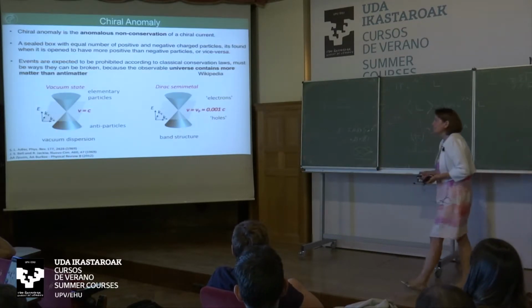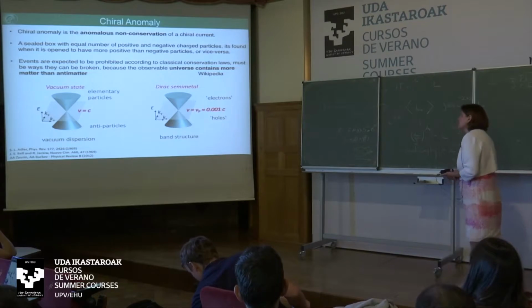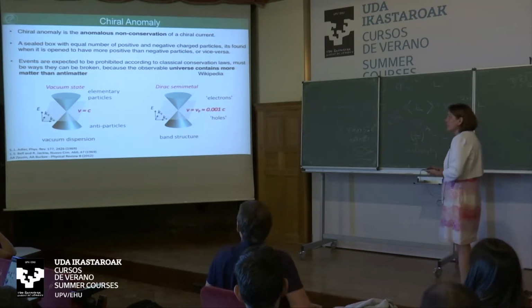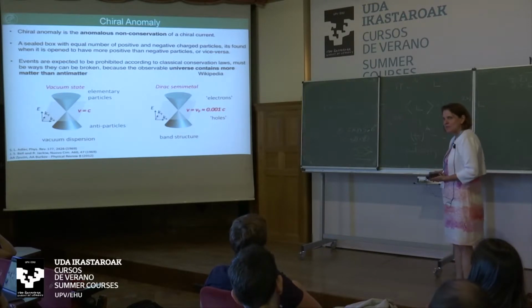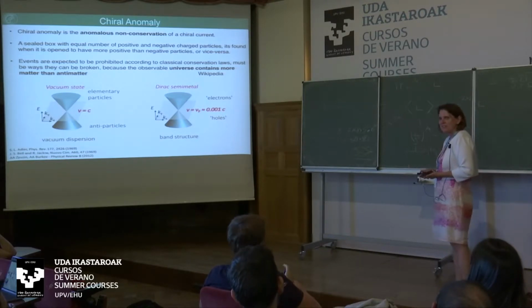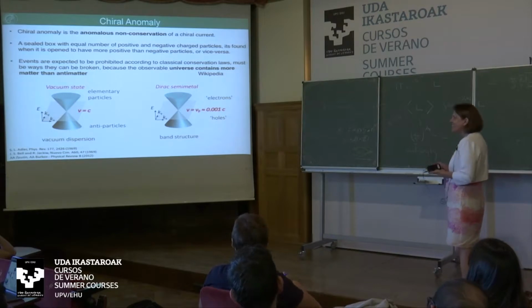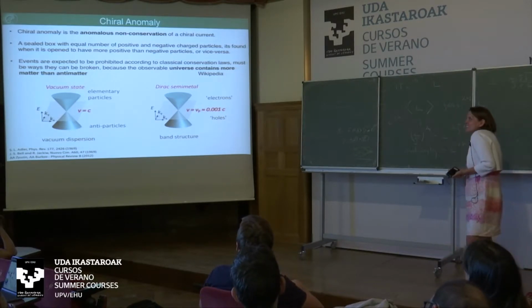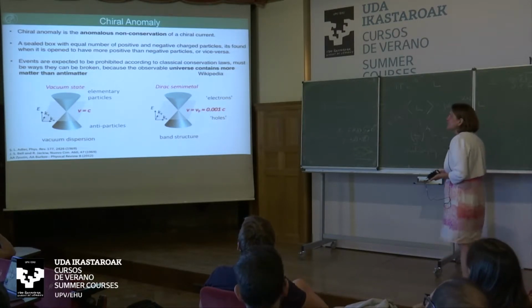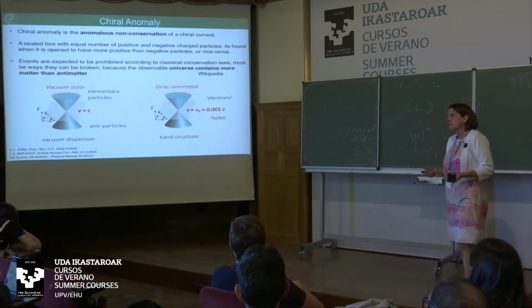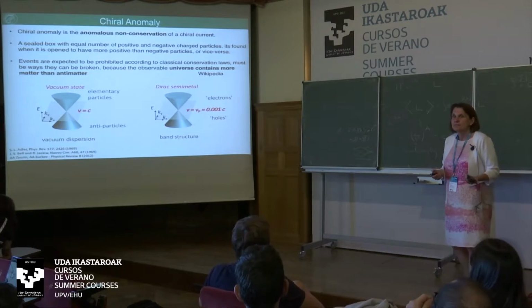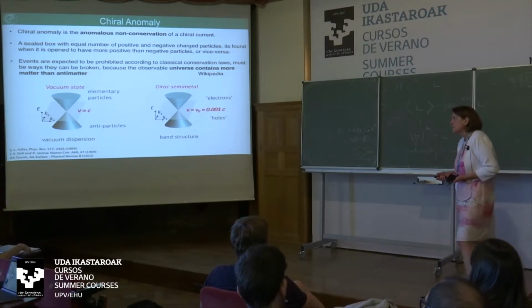So why do I like this chiral anomaly so much? Even though my knowledge does not come from quantum field theory but from Wikipedia, so this is a reference, it shows how exciting this is. As we discussed at lunchtime, you can use condensed matter systems for tabletop experiments in high energy physics.